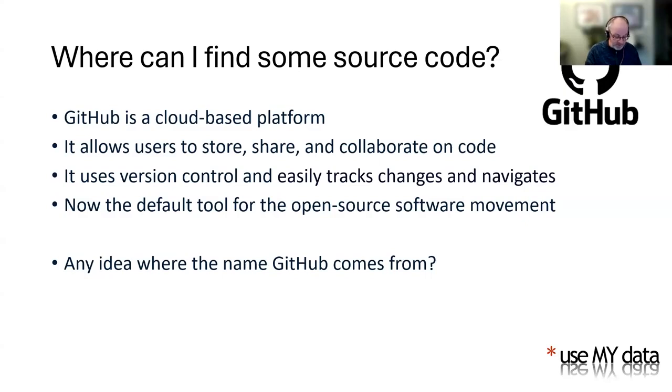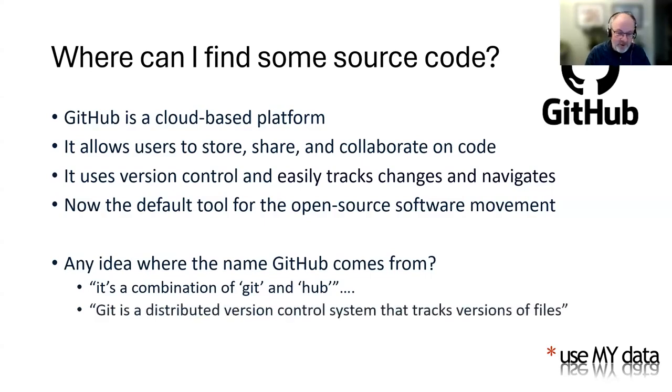Interestingly, when I was putting these slides together, I didn't have a clue where the word GitHub came from, so I tested myself. I won't ask you the question because you'd have to unmute your microphones, but I simply asked: where did GitHub come from? It's a weird name. When I looked at Wikipedia, very helpful, it said it's a combination of Git and a hub. Well, thanks for that.